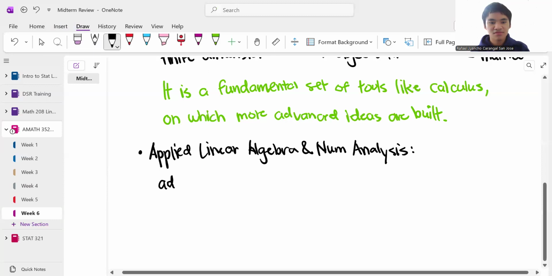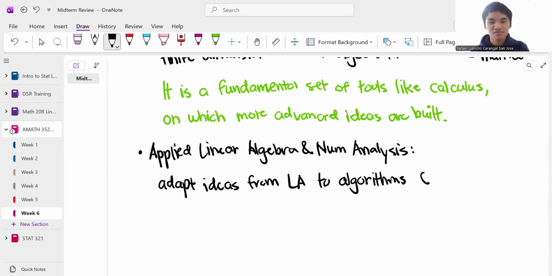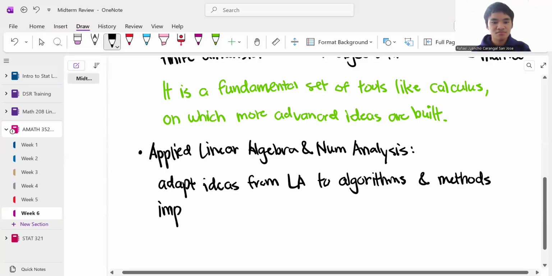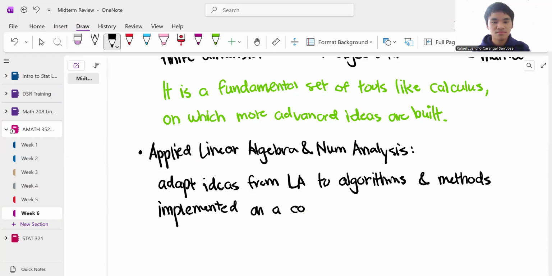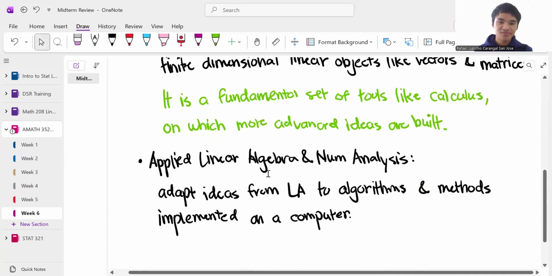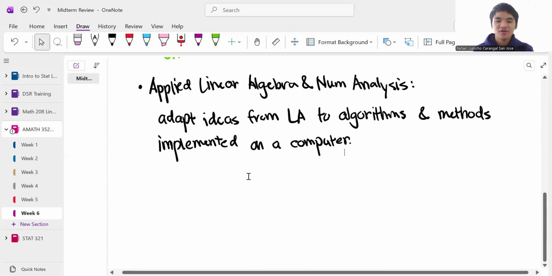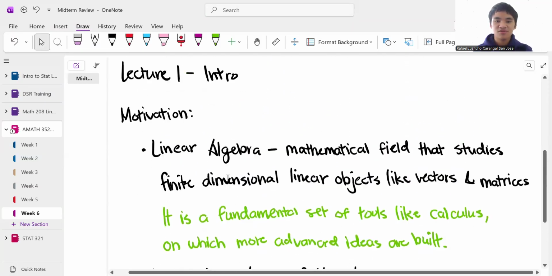So we adapt ideas from LA, linear algebra, to algorithms and different kinds of methods implemented on a computer. I hope some of these tools might help when someone's solving a problem using a computer in the future.